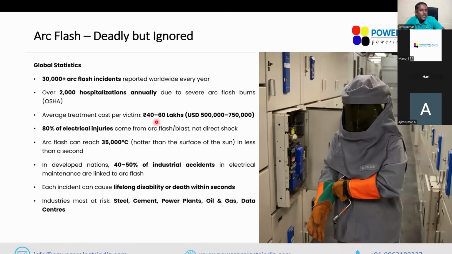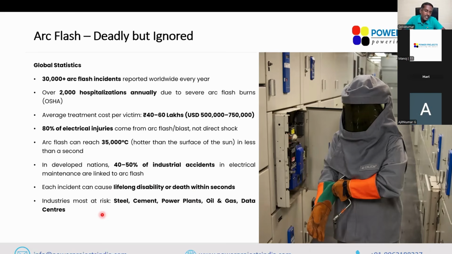Average treatment cost per victim is 500K to 750K USD. 80 percent of electrical injuries, and 40 to 50 percent of industrial accidents in electrical maintenance, are linked to arc flash. This can result in lifelong disability or death within a fraction of a second.